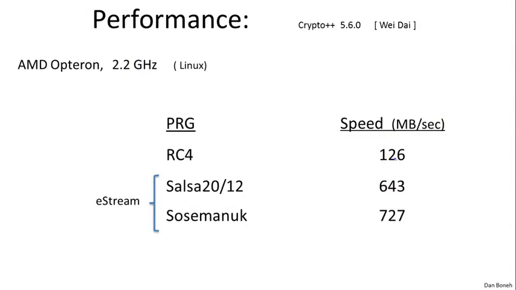It only does byte operations, so there are a lot of wasted cycles. But the eStream candidates, both Salsa and another candidate called Sosemanuk, these are eStream finalists, stream ciphers approved by the eStream project, achieve significant rates. This is 643 megabytes per second on this architecture, more than enough for a movie.